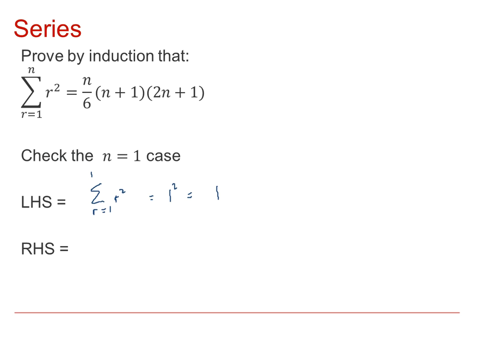On the right hand side, we have 1 over 6 multiplied by 1 plus 1 multiplied by 2 multiplied by 1 plus 1. If you calculate that, you've got 1 over 6 multiplied by 2 multiplied by 3, which is also equal to 1. So therefore it's true for n equal to 1.